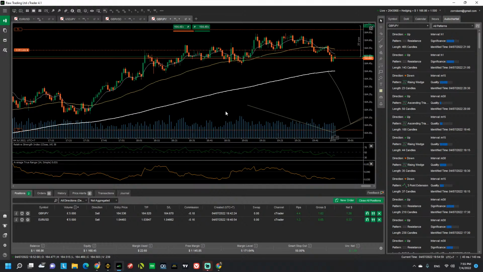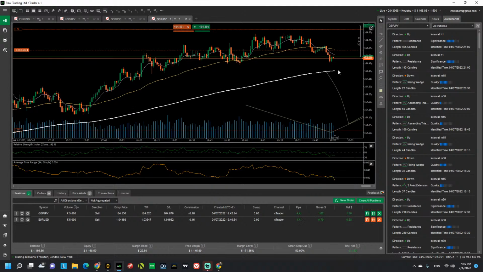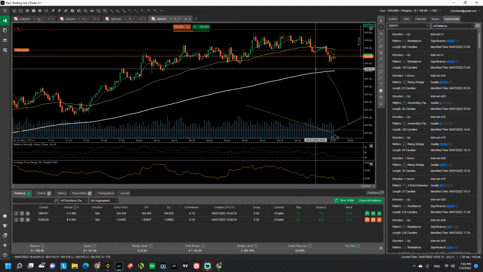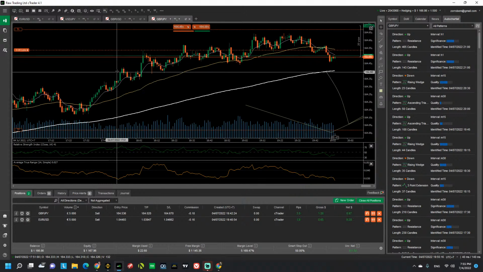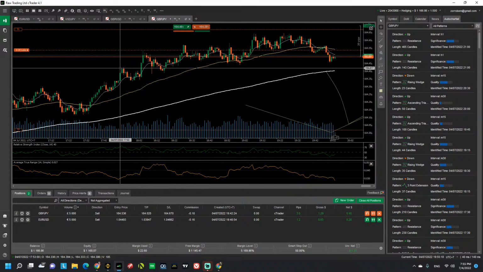Yeah, in the 1 minute, if it goes down to this 200 moving average, it might stall here for a while. Let's see, there's a small support here.